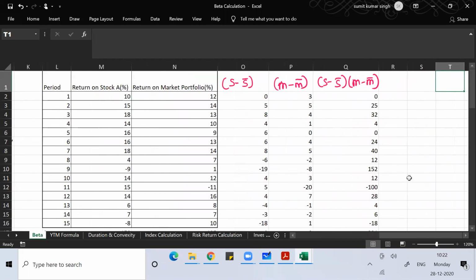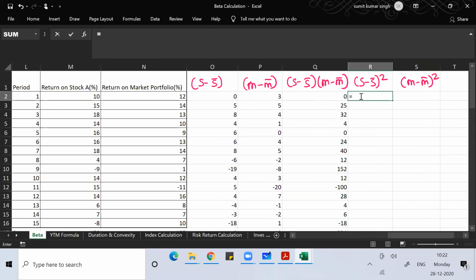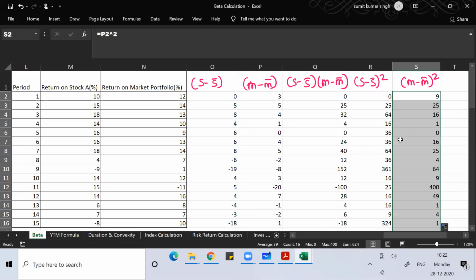Now do S minus S bar square, then M minus M bar square. You can do this.